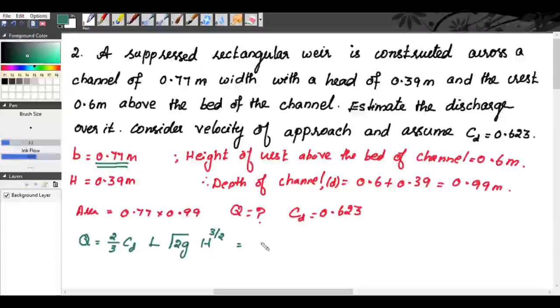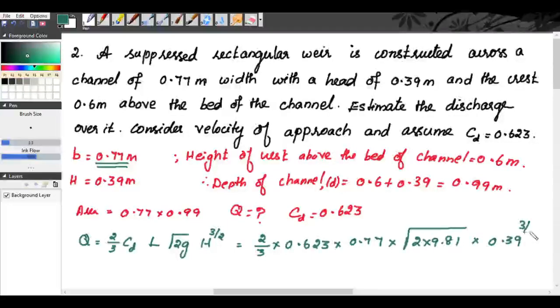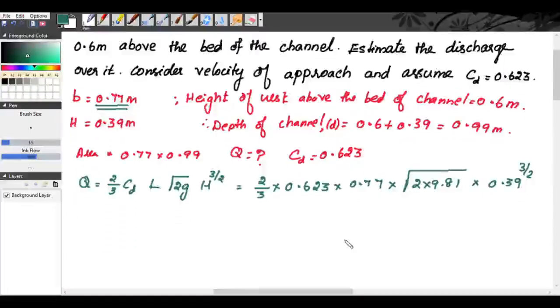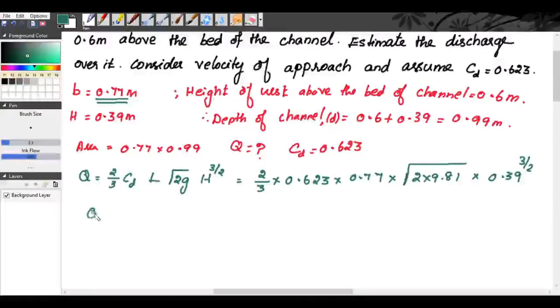So this Q is equal to 2 by 3 into CD, 0.623, multiplied by L, 0.77, into square root of 2 into 9.81 multiplied by H, 0.39, the whole raised to 3 by 2. So what we get is Q is equal to 0.345 meter cube per second. Now we will find what is the velocity of approach.